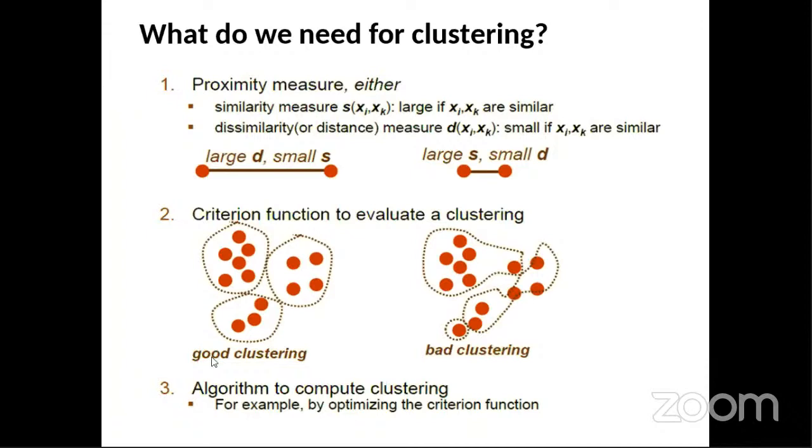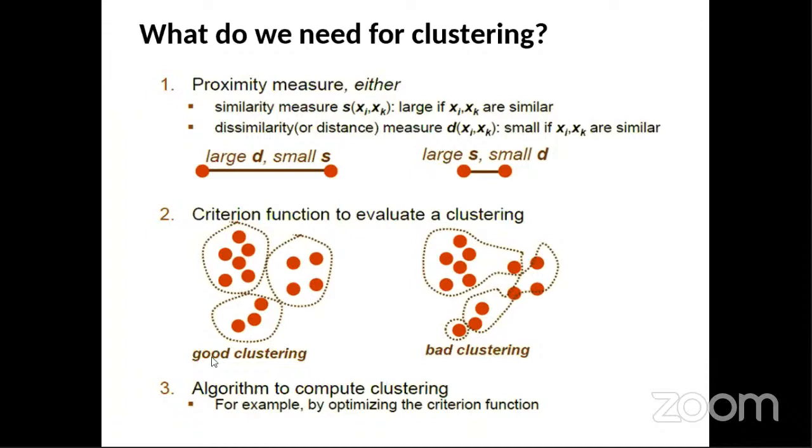We cannot evaluate it absolutely, but of course there are certain metrics we can always use to identify whether a particular cluster is near optimal or not, whether we have been able to club similar items or similar nodes, or friends with similar characteristics, into a common cluster, right? So that is where we have some criteria function which we can always use. And the third thing is an algorithm to compute clustering.